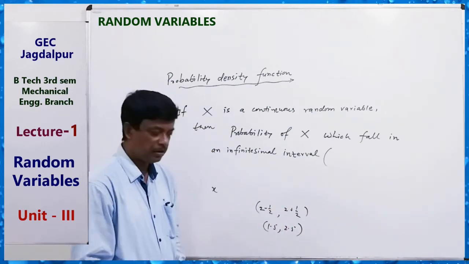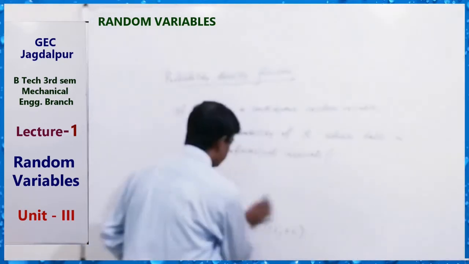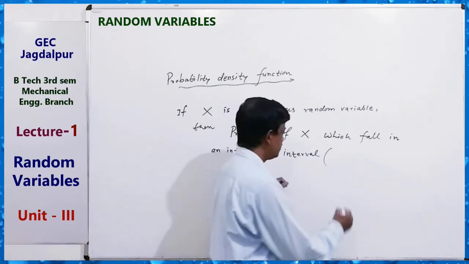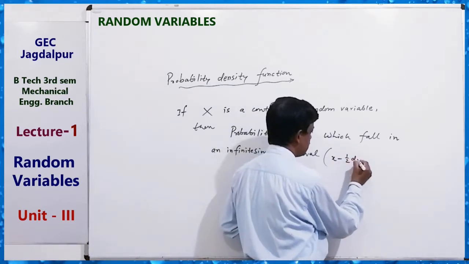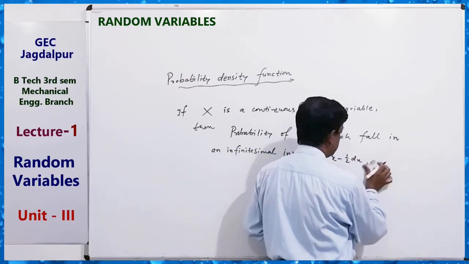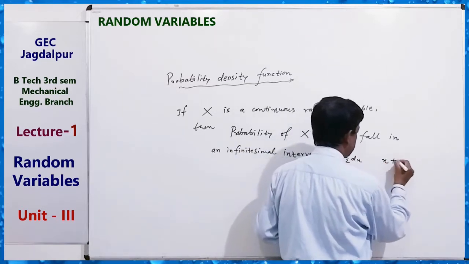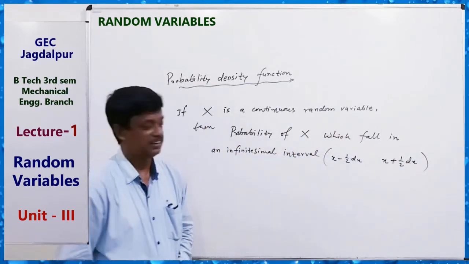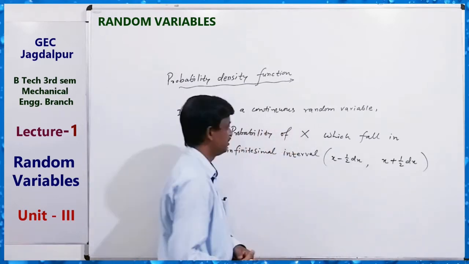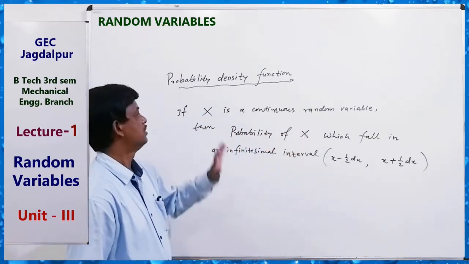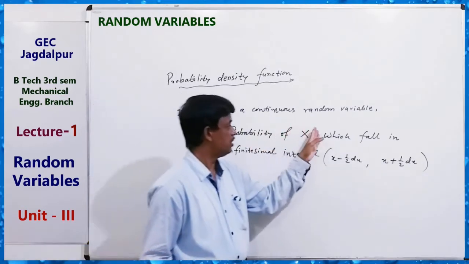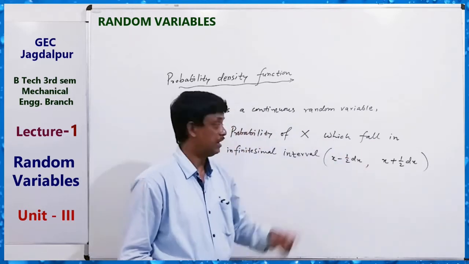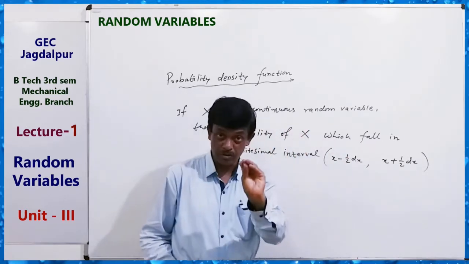So we can make an interval taking mid value x, like this: x minus half dx and x plus half dx. The random variable can take values in this interval.